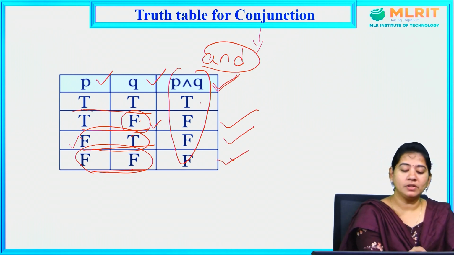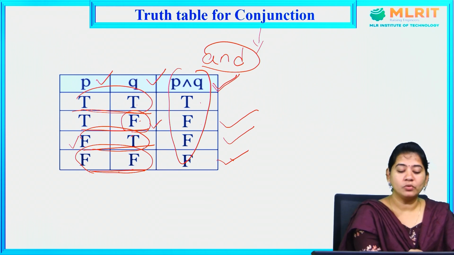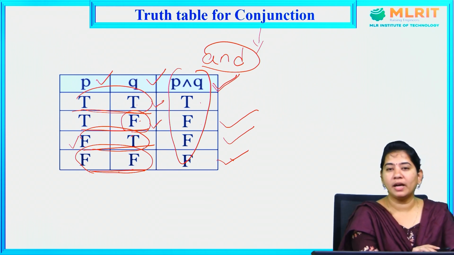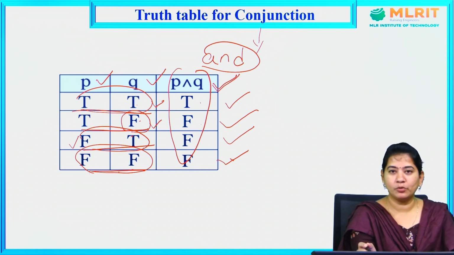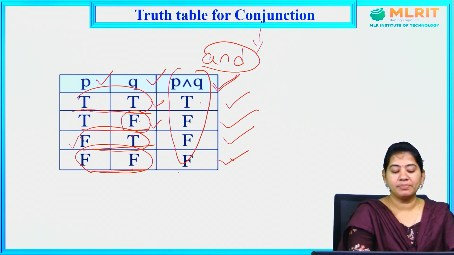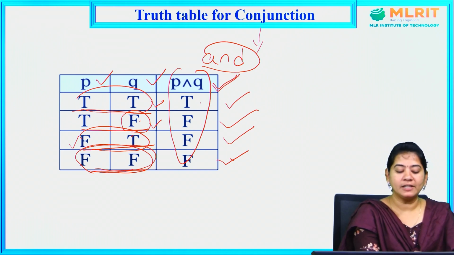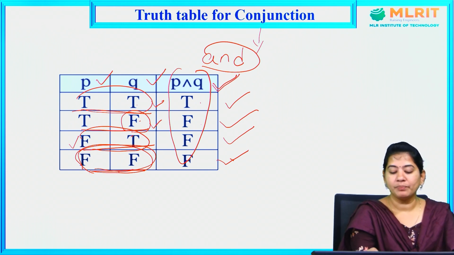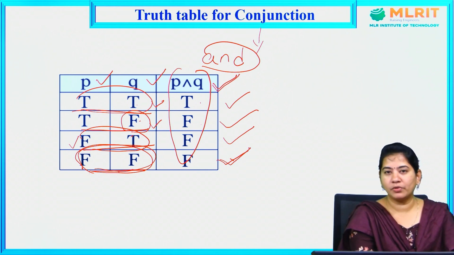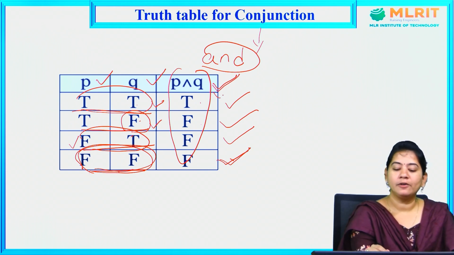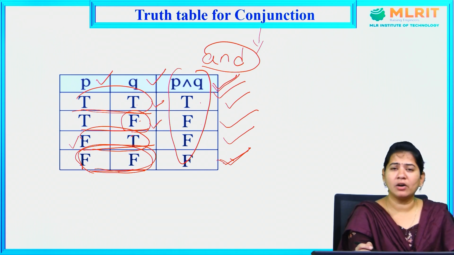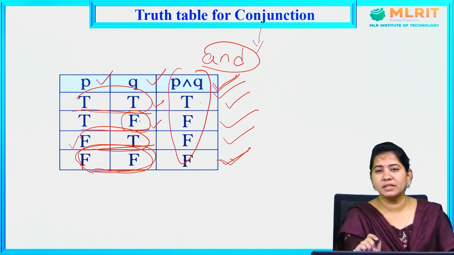And if you observe the first row here, as two statements are true and we don't have any false statement, that's why the resultant truth value will become true. So on the whole, conjunction means even if one statement is false out of the two statements, the resultant truth value will become false. Otherwise, it is true. So this is how you have to construct the truth table for the conjunction.